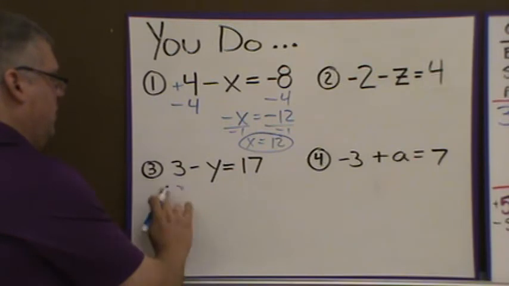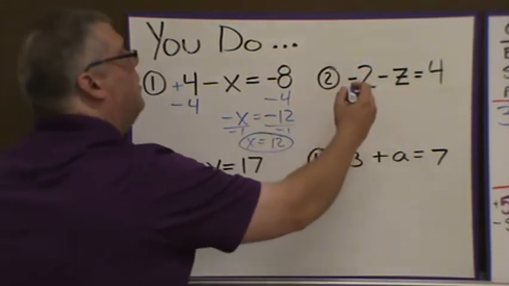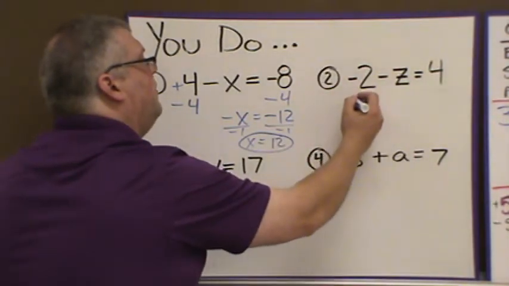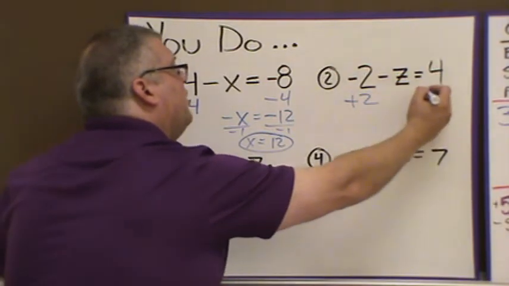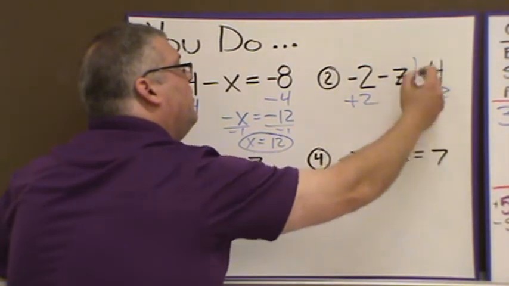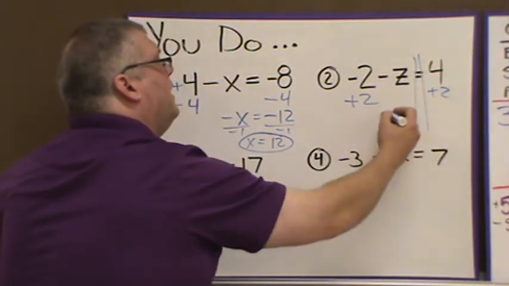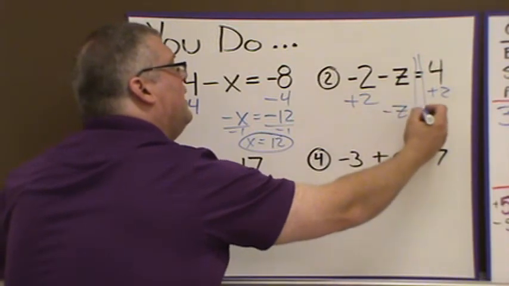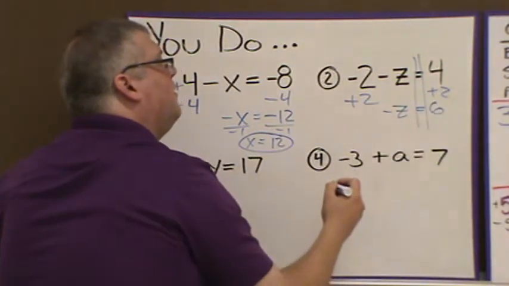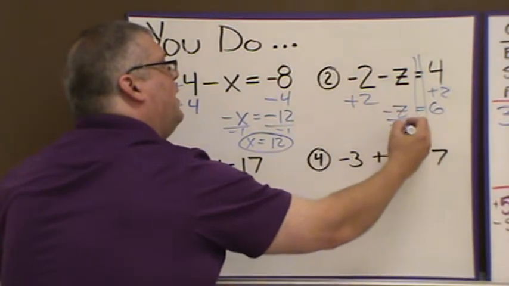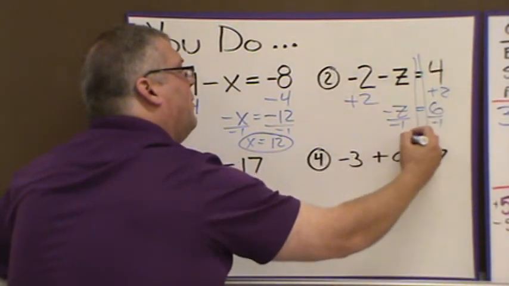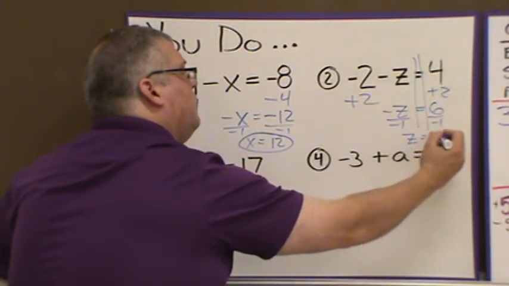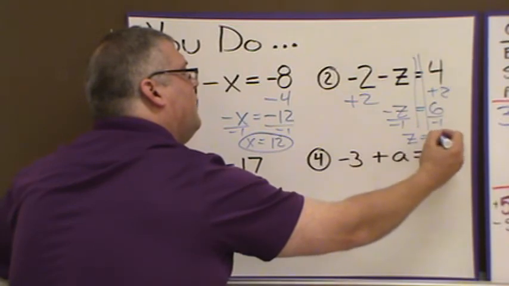Going over number 2. The sign in front of the 2 is negative, so I'm going to add 2 to both sides of that equal sign. That gives me negative z is equal to 6. I divide by the negative 1, and I get positive z is equal to negative 6.